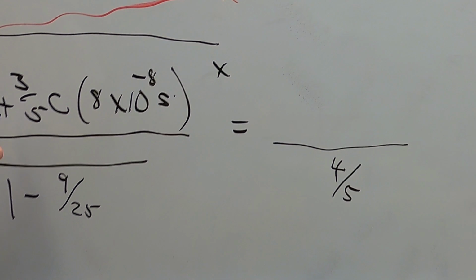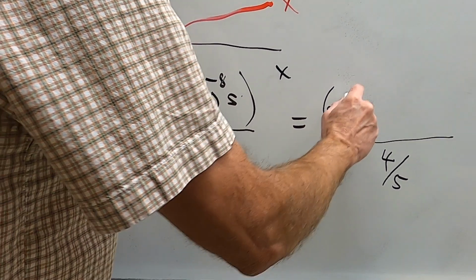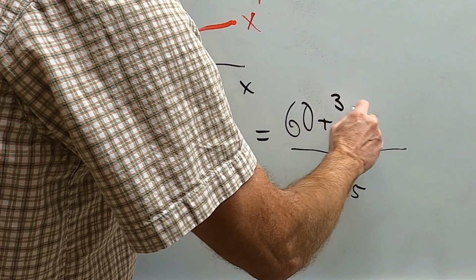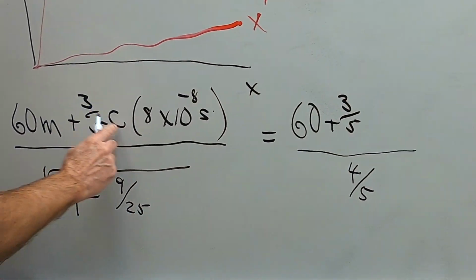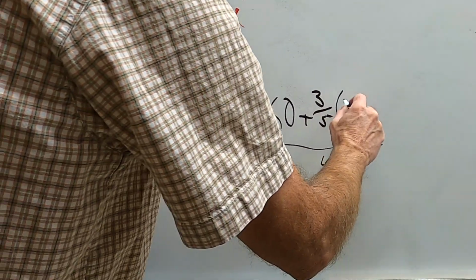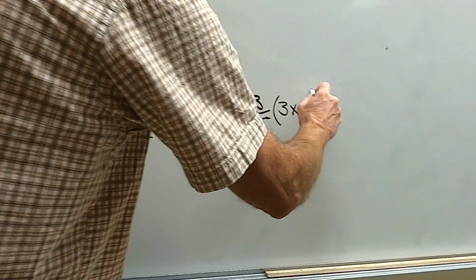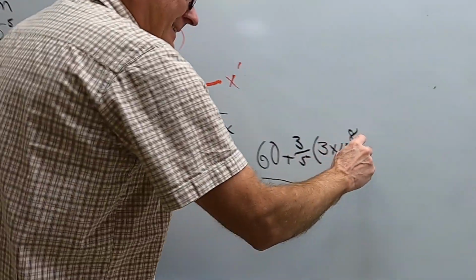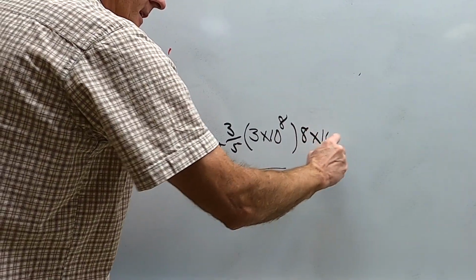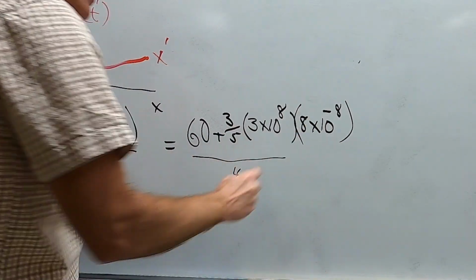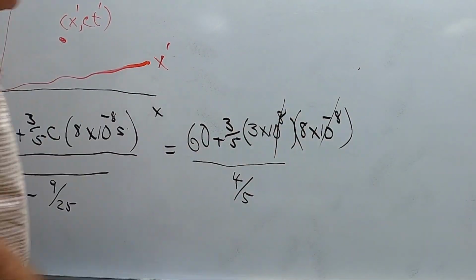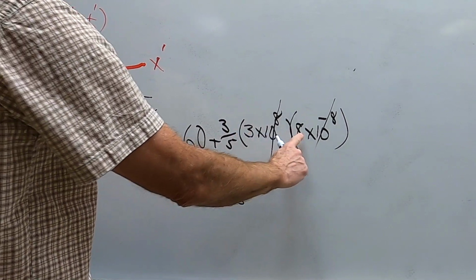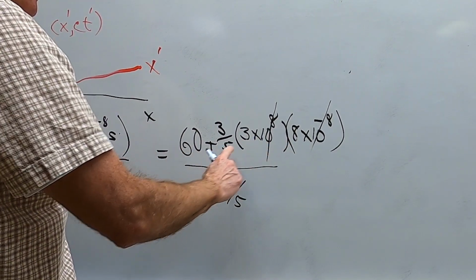And the numerator is 60, I'll leave out the units here, plus 3/5 times the speed of light. I better put in 3 times 10 to the 8th, and then times 8 times 10 to the minus 8. The 10 to the 8 and 10 to the minus 8 are gone. This is 9 times 8 is 72 over 5.